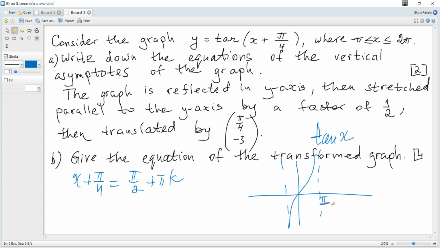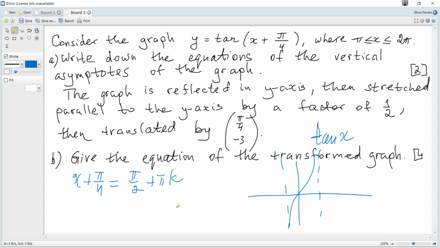A vertical asymptote is at pi over 2, and tangent has a period of pi, and the next vertical asymptote will be at 3 pi over 2, and also to the left. And you can see that vertical asymptotes are at pi over 2 plus the period of a tangent, so pi over 2 plus pi k, and it's the tangent of some argument, but here the argument is x plus pi over 4, so we get this result.